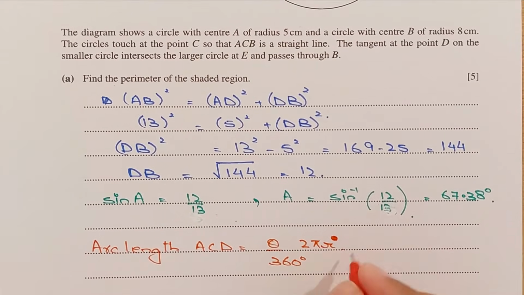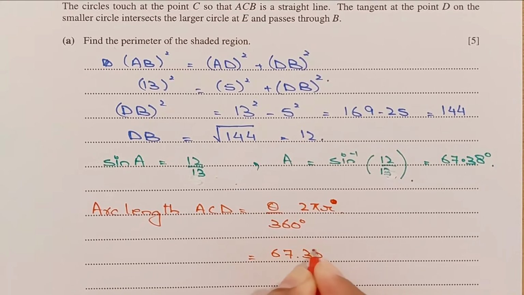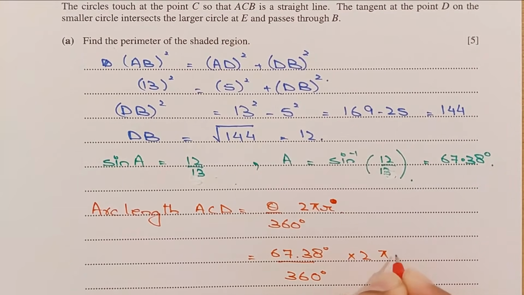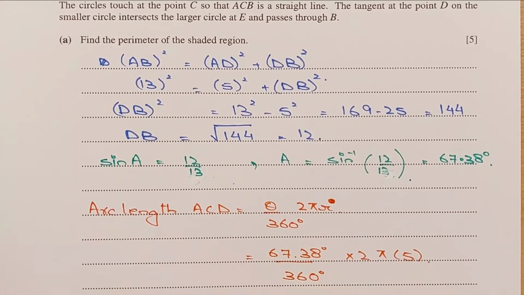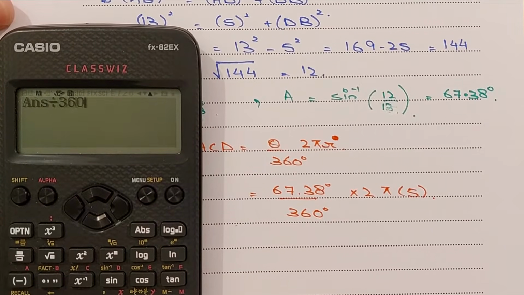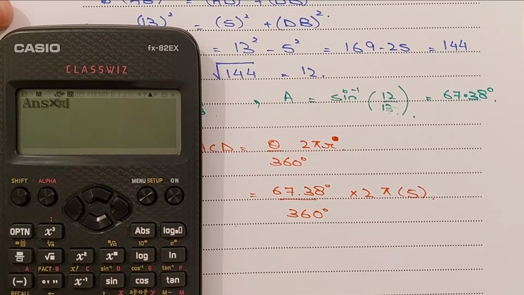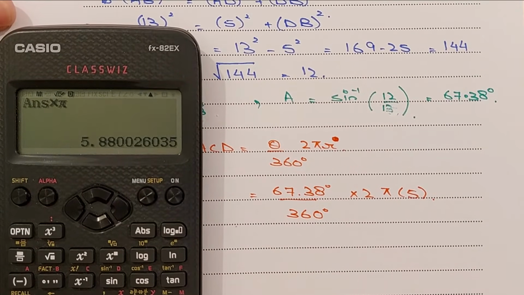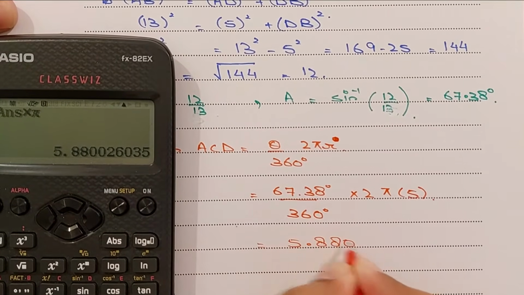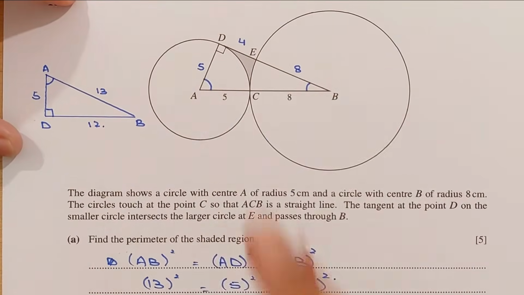Substituting theta, 67.38 degrees over 360 degrees times 2 pi, and the radius is 5. Simplifying, this gives 5.880. 5.880 is the arc length DC.